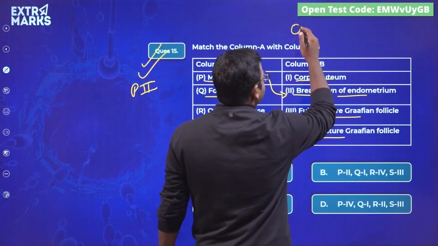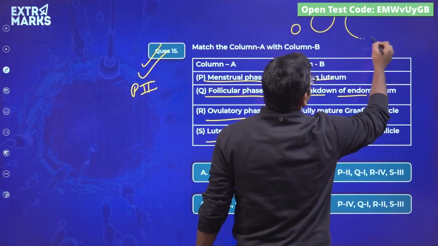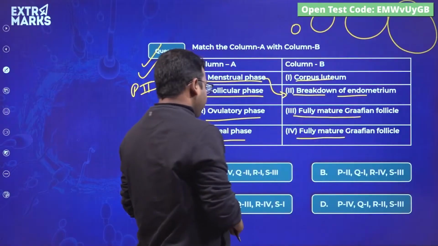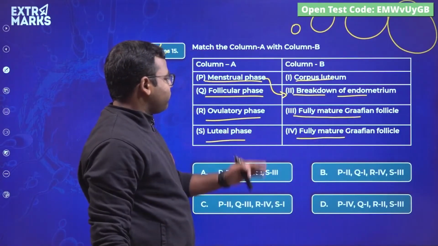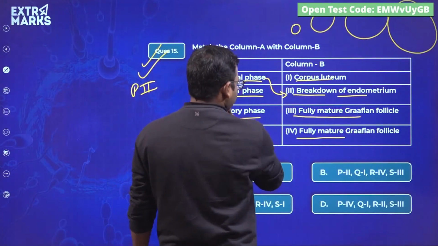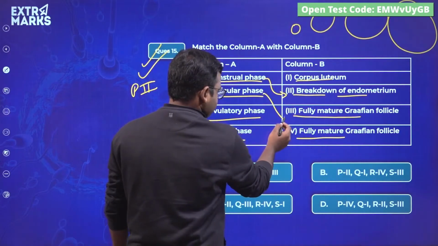Primary follicle, then more layers of granulosa cells are added, secondary follicle, then tertiary follicle, and finally the Graafian follicle, right? So in the follicular phase a mature Graafian follicle is finally formed. So the follicular phase will go with option 3.